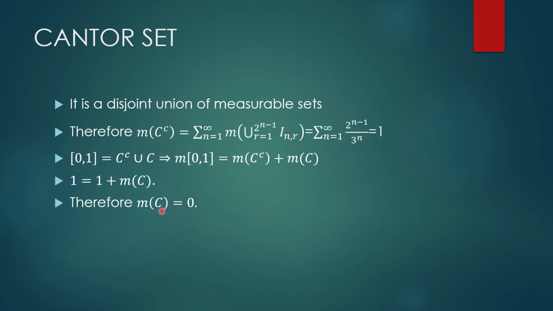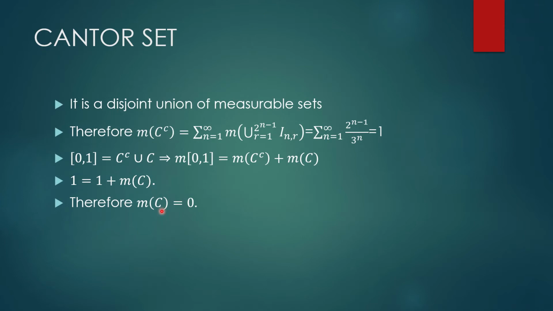So now we are able to construct the Cantor set and prove that it has measure 0. If we can show that the Cantor set is uncountable, then we are done, that is, we have given an example of an uncountable set whose measure is 0.